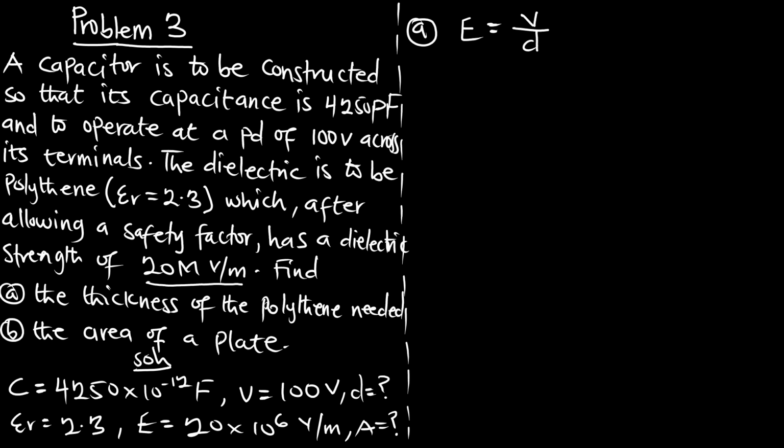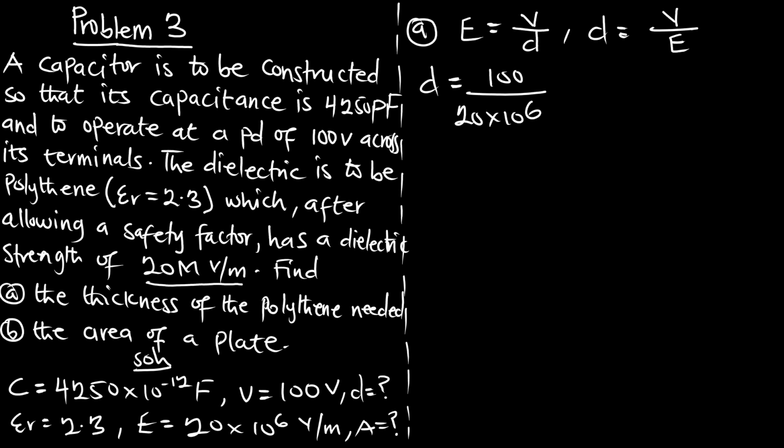So right from here, we can make D, the thickness of the dielectric, the subject, and this is going to be voltage over intensity. So if we put in the values, our D is going to be 100 voltage over intensity, 20 mega, 10 to the power 6.